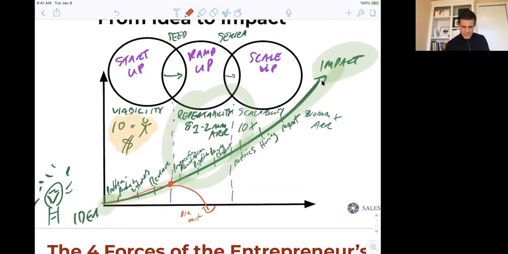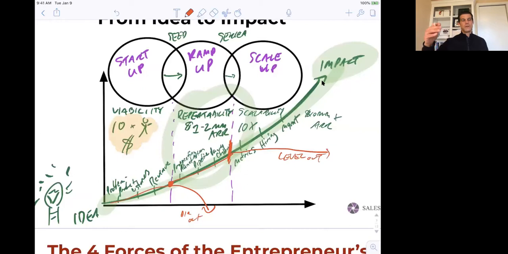You could possibly get to that $1 million range, but if you don't have the right systems to scale, then you're going to level out. And that's the self-sustaining companies that we saw in the CB Insights data, right? So the only way to get true scale, the only way to get the impact is to continue on through that journey.